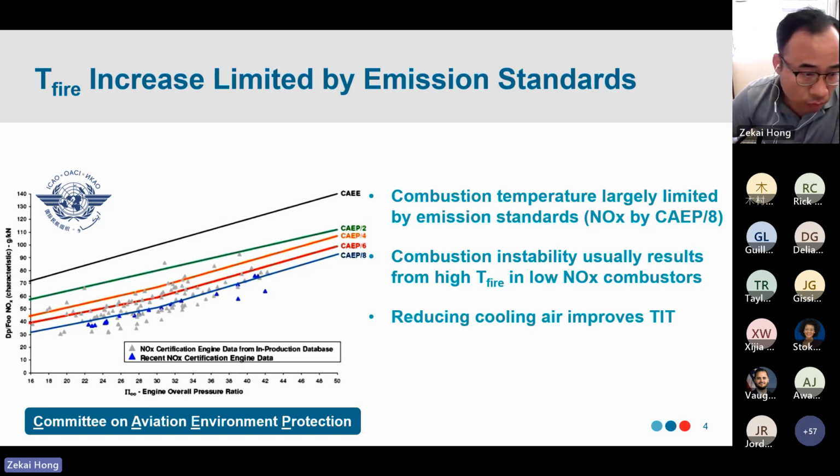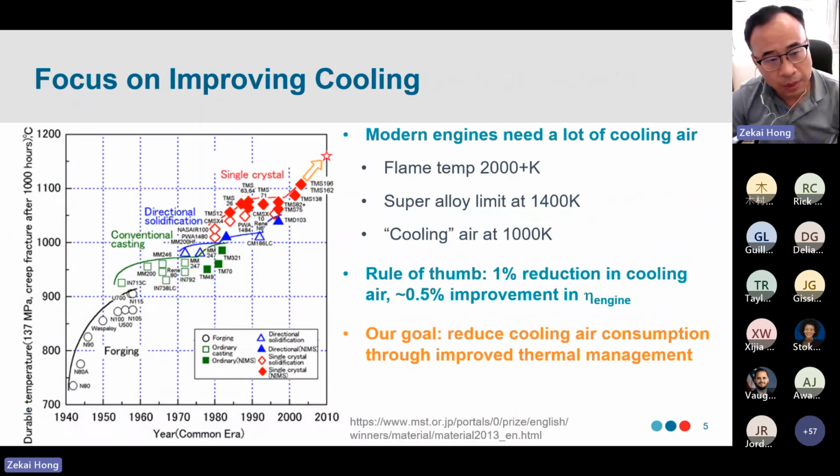Another aspect from a cooling perspective is that if we look at the big picture, there are a couple of numbers I want to introduce. First of all, the flame temperature is about 2,000 Kelvin or a little bit higher, and even the latest superalloy limits at 1,400 Kelvin. And if we're talking about a 60-to-1 compression ratio, even the cooling air is at 1,000 Kelvin.